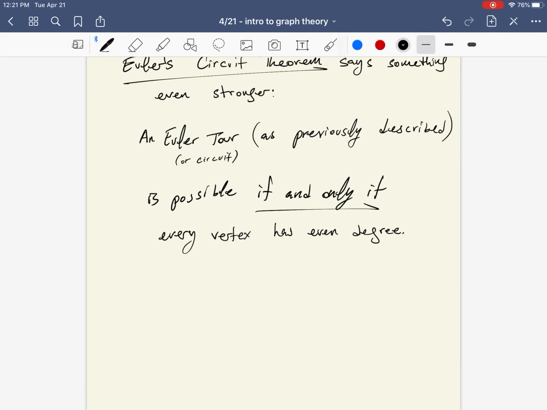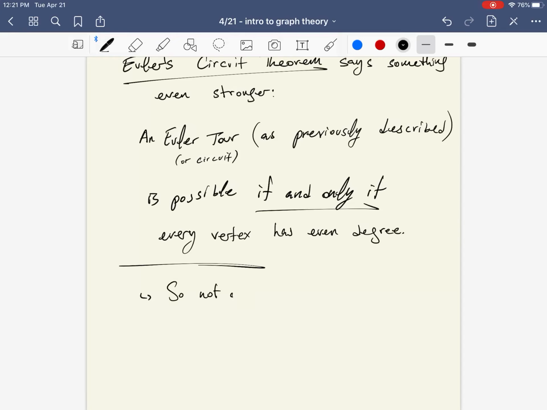So not only is it not possible to do an Euler circuit if some vertex has odd degree, but it's always possible to do an Euler circuit if every vertex has even degree.